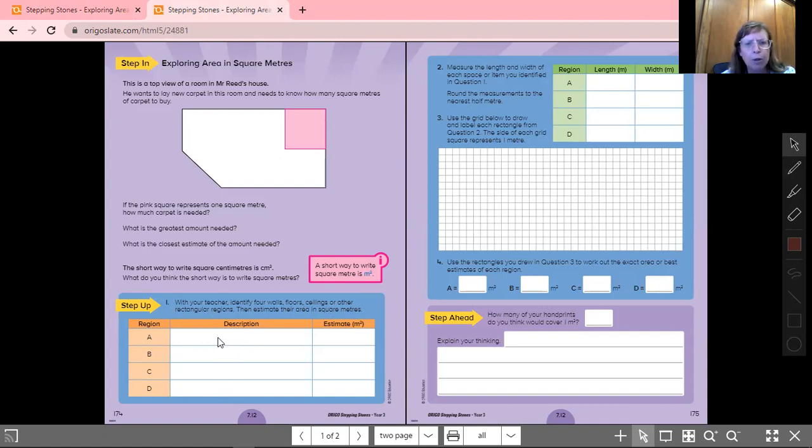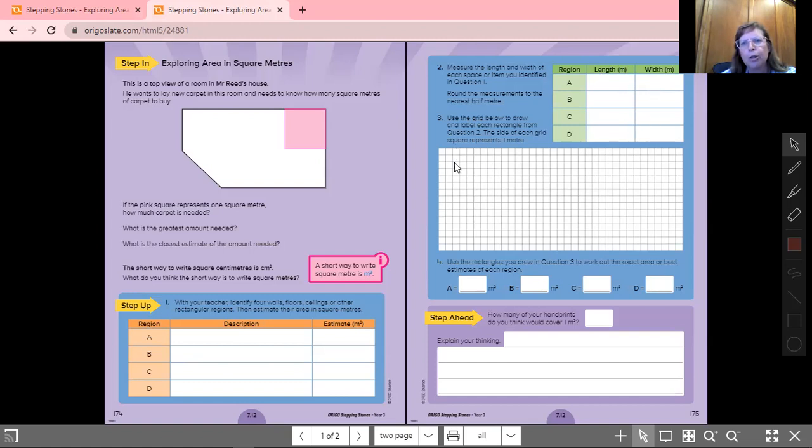It might be the kitchen floor, or it might be your bedroom floor. Then estimate how many square metres it is. You'll need to think about how wide it is and what the length is. And then you're going to need to measure the length and the width.